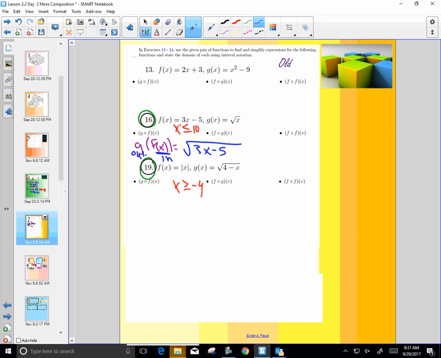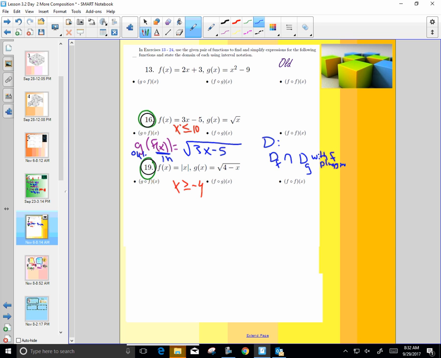Now, to find the domain of this, you're going to look at the domain of the inside, which was f, and you're going to intersect it with the domain of the outside, which is g, with f plugged in.